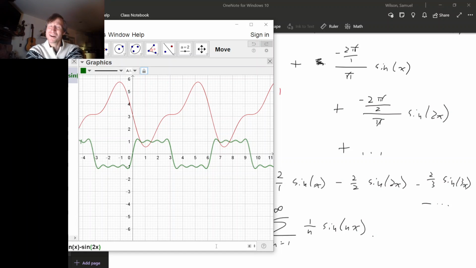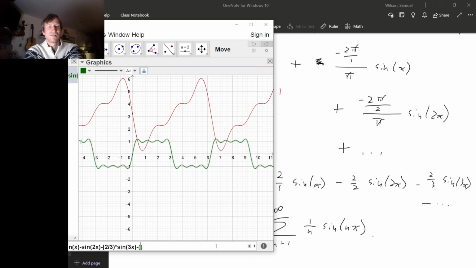Okay, now it's starting to look kind of like that sawtooth wave. So minus 2/3 times sine of 3x, minus 2/4, which is just half, times sine of 4x. You can see the more terms we enter, the more this looks like a sawtooth wave.